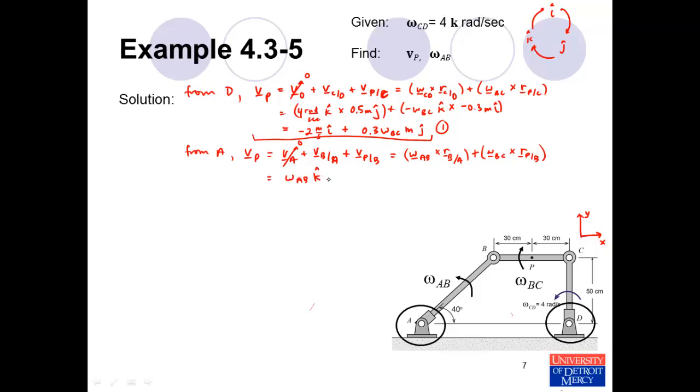So we've assumed it's in the positive k direction. We cross it with the position vector. Consider A the origin. Draw the vector towards the point B. So this vector we can break up into x and y components. The y component is the same as over here. It's 0.5 in the positive j.